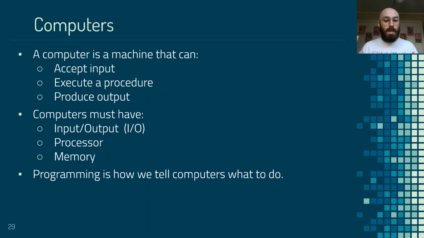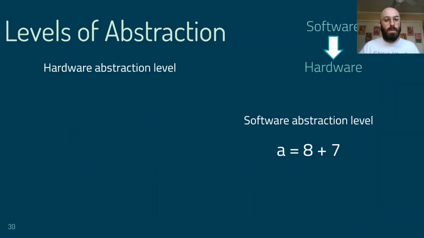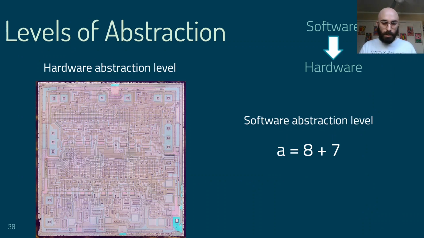And programming is basically how we tell computers what to do. We write things in a programming language to instruct and communicate with a computer to tell it explicitly what we want it to do. The key point I want to drive home here is this idea of levels of abstraction. There are these different hierarchies of abstraction where we can ignore superfluous, irrelevant details, right?